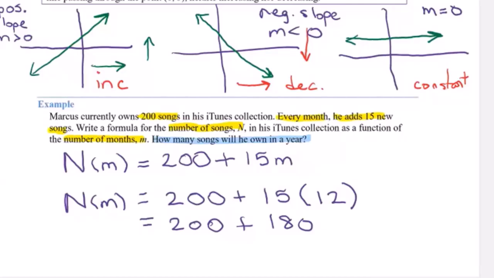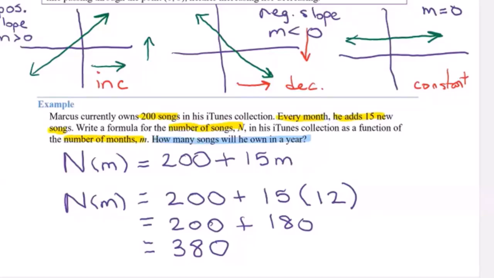How did I do that? Well, I said 15 times 10 is 150. 15 times 2 is 30. 150 plus 30 is 180. And that's why I don't always need a calculator. You know, if you have different strategies for doing certain things, now we have my answer.